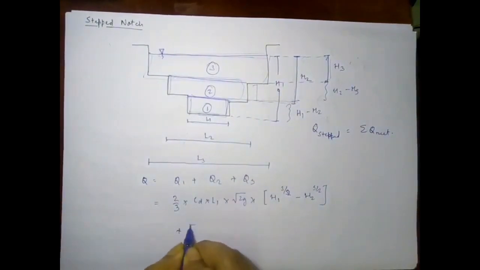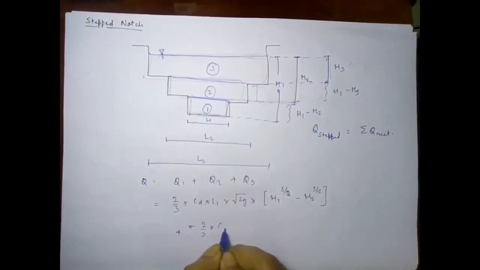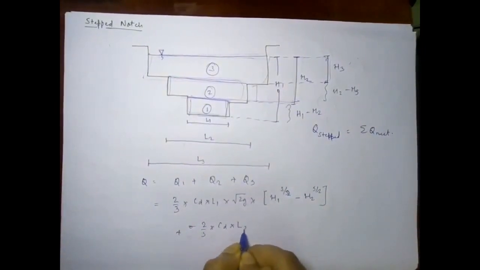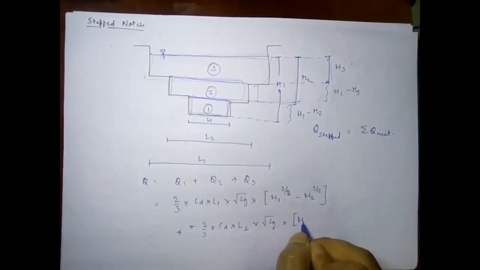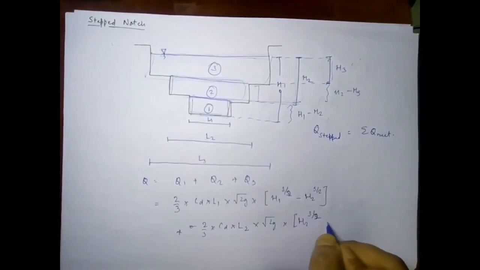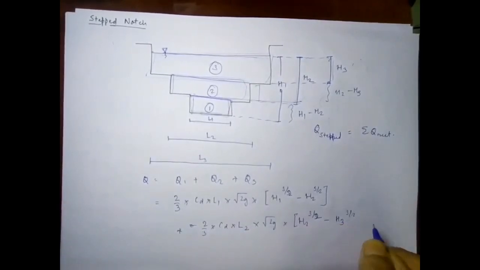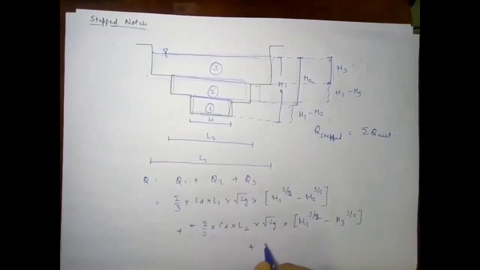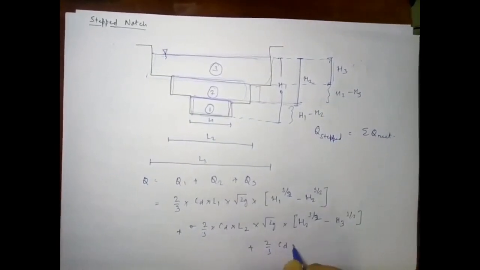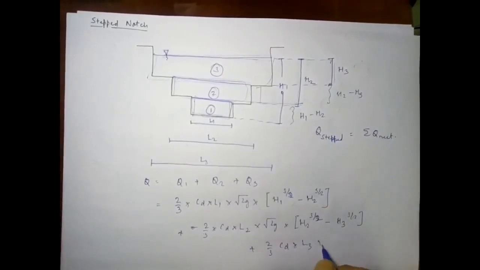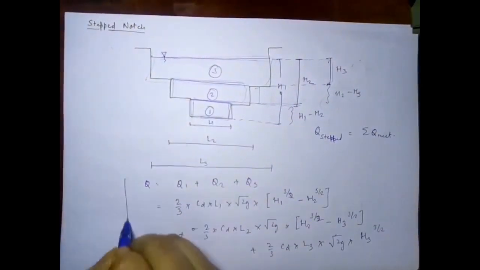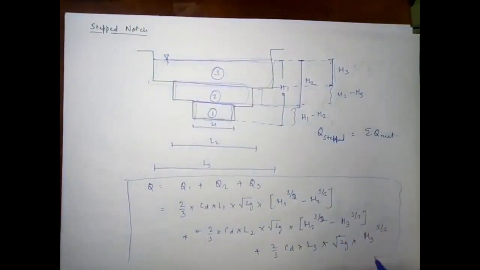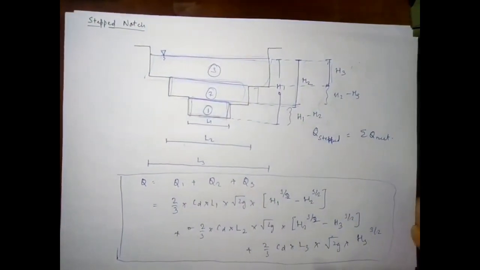Similarly it will be plus 2 by 3 times CD times L2 times root 2g times h2 to the power 3 by 2 minus h3 to the power 3 by 2, and finally it will be plus 2 by 3 times CD times L3 times root 2g times h3 to the power 3 by 2, and thus it will be the discharge through the stepped notch.